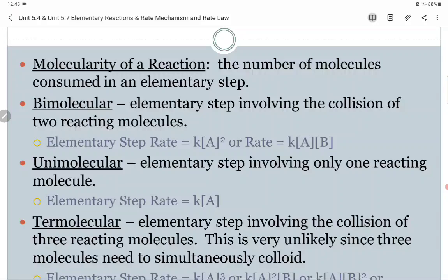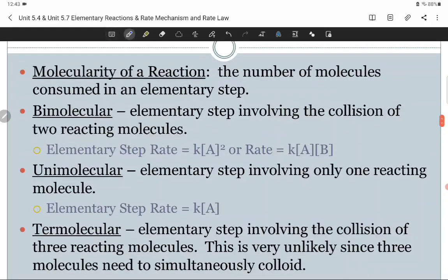They would involve two reactants. And these could be, by the way, elementary steps, or they could also be overall. But you could have, in this case, A plus B, or you could have A plus A. Unimolecular, this would be a decomposition style reaction.